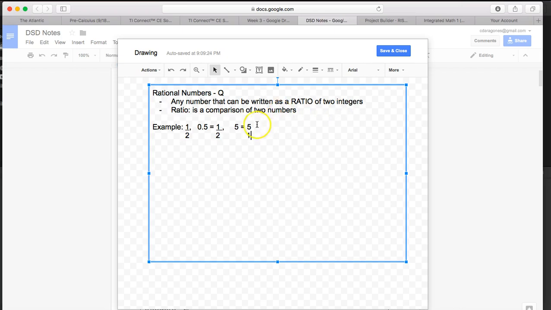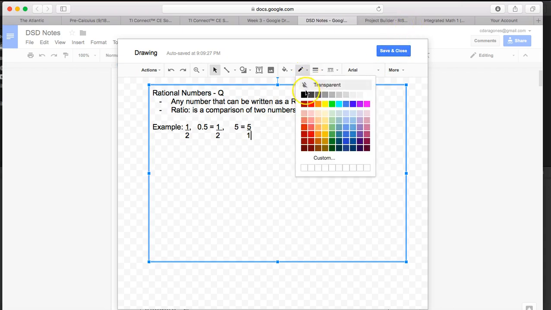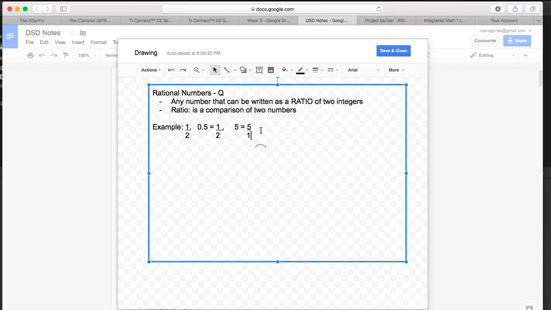Anything divided by 1 is just itself. So if I write a number as a fraction over 1, then it remains the same value. Hopefully you can see from these examples that even though a number is not necessarily written as a fraction, it can be written as a ratio of two numbers, and therefore can still be a rational number.